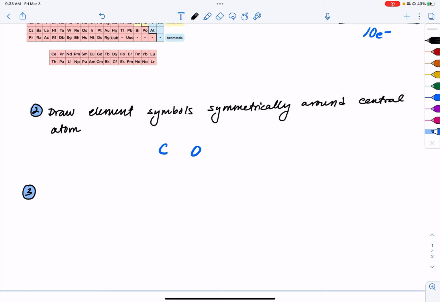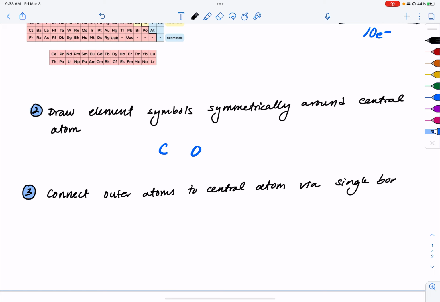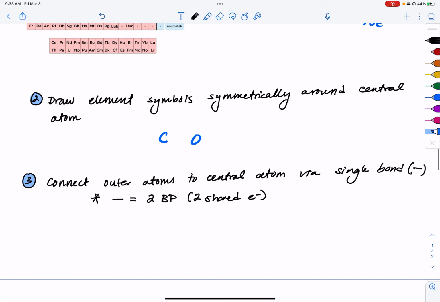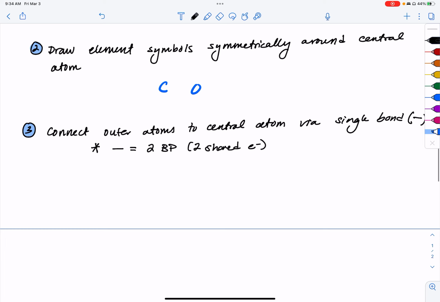Okay, step 3 is to connect your outer atoms to the central atom via a single bond, meaning we're going to draw a single line connecting all of our outer atoms to our central atom. And remember, according to the Lewis model, anytime we have a single bond that is connecting two atoms, that is 2 bonding pairs, or 2 shared electrons between your atoms.